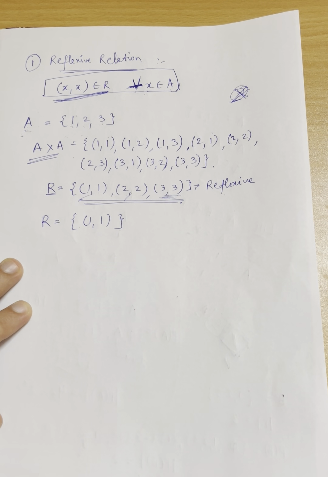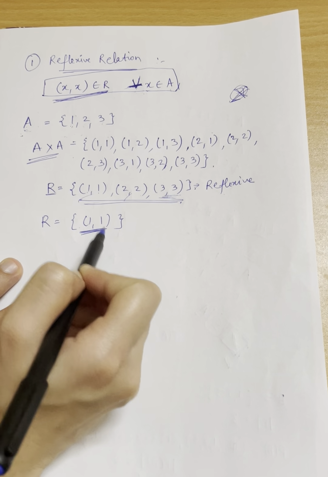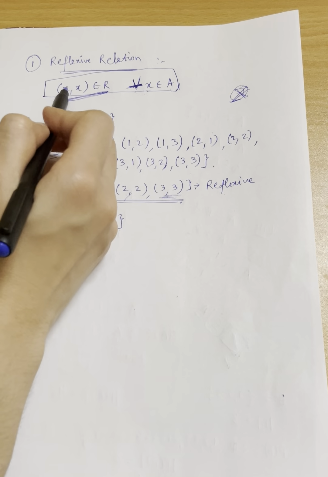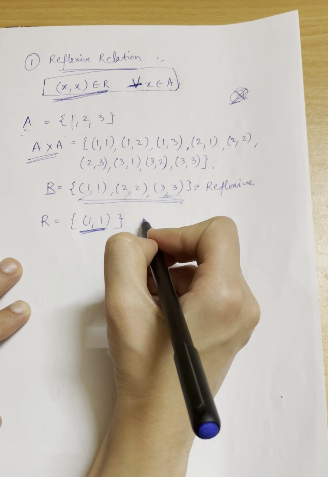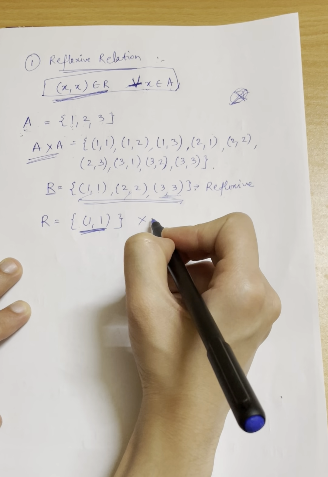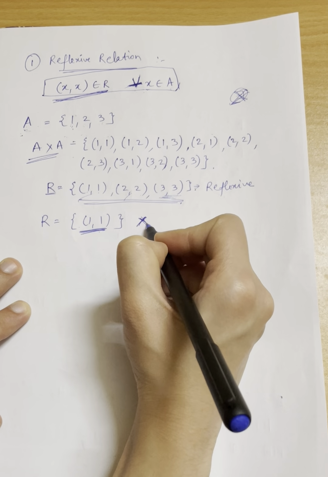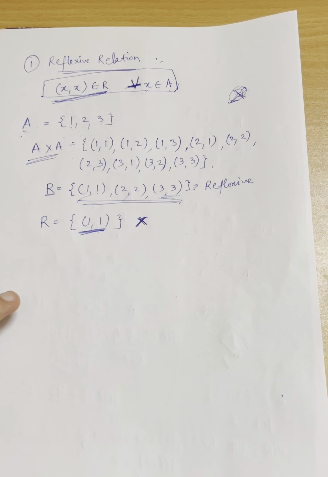Then only it is a reflexive relation. So if only one element, 1, satisfies this condition, then it's not reflexive. So this relation is not reflexive. I hope now it's clear to all what a reflexive relation is.